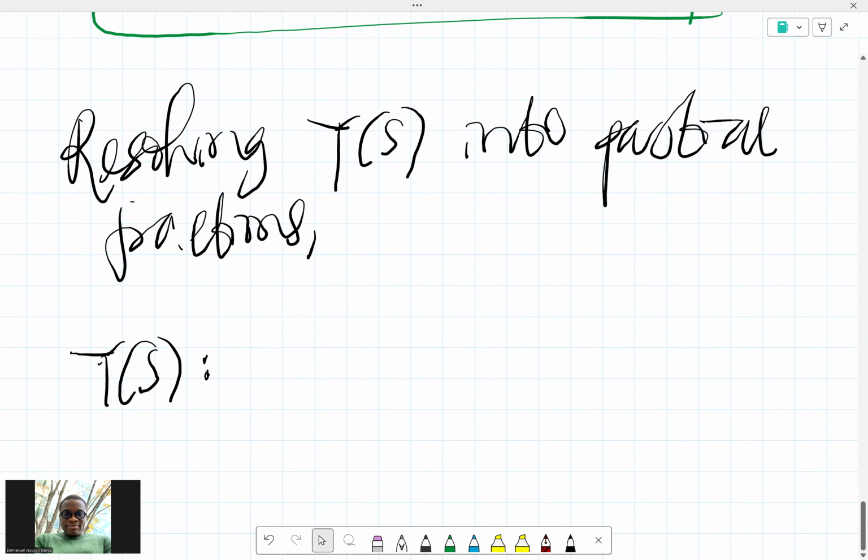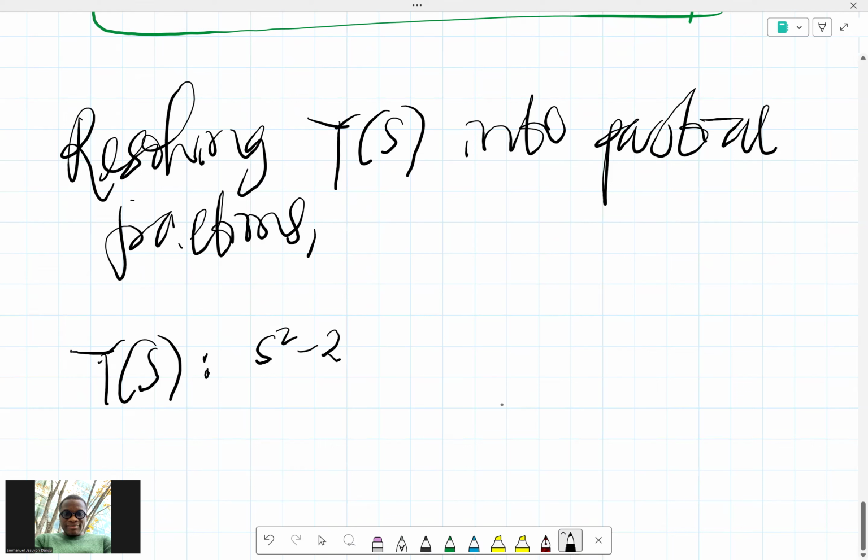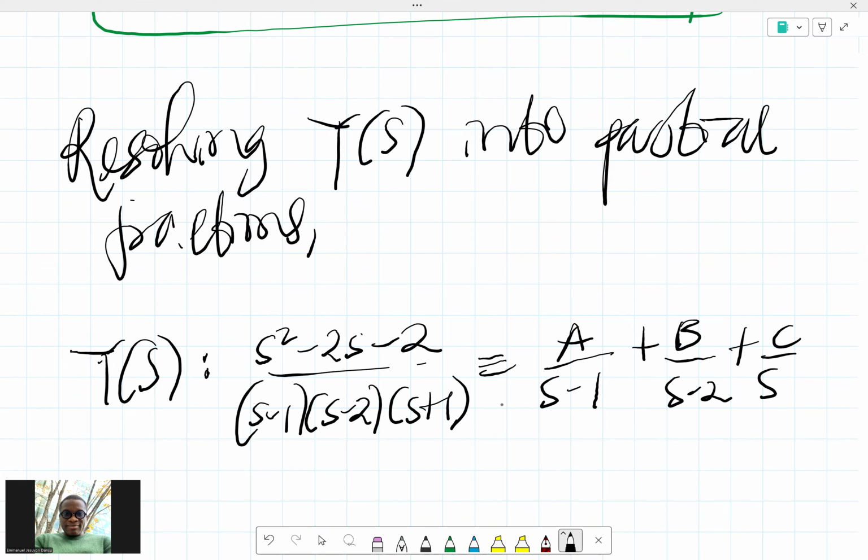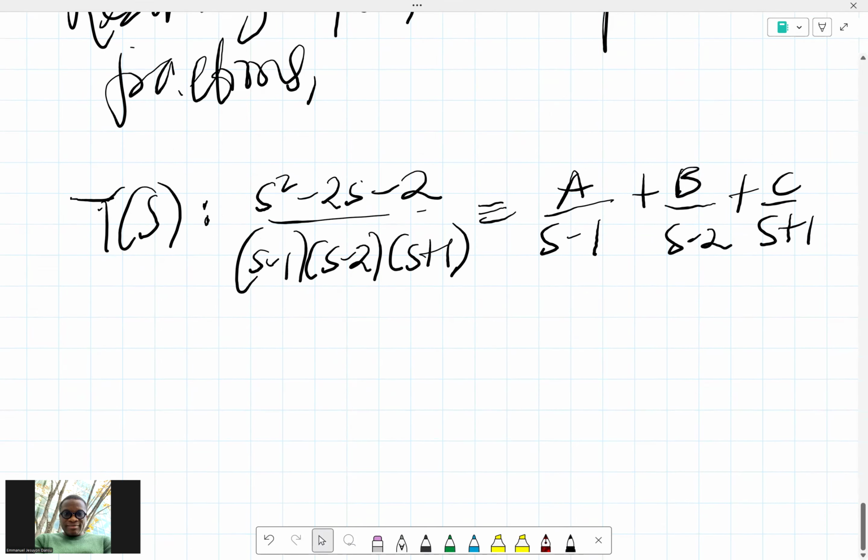So we have s squared minus 2s minus 2 all over s minus 1, s minus 2, s plus 1. That will be similar to a over s minus 1 plus b all over s minus 2 plus c all over s plus 1. So we can multiply through by the LCM.